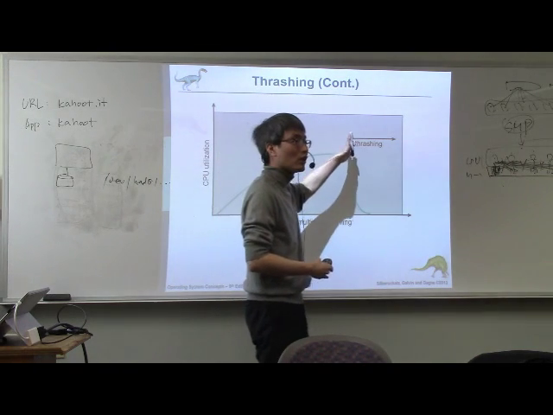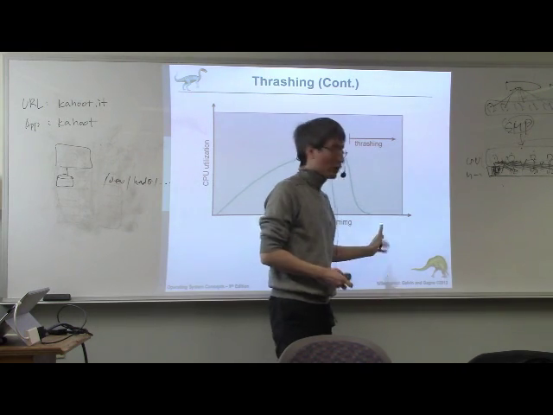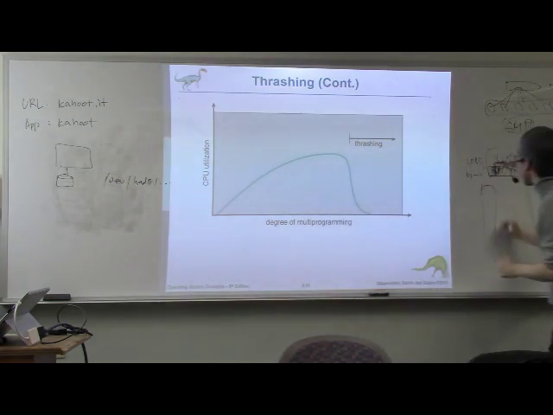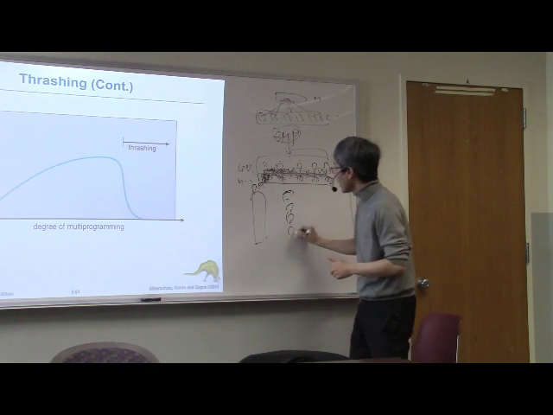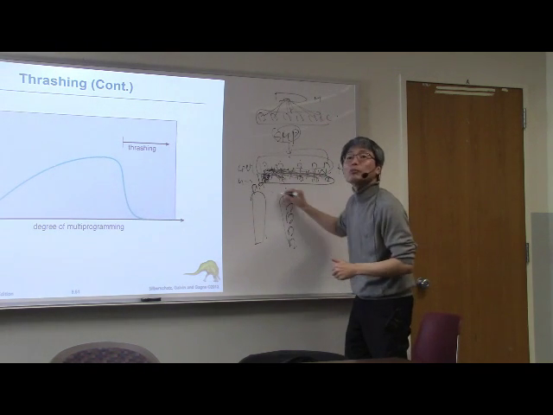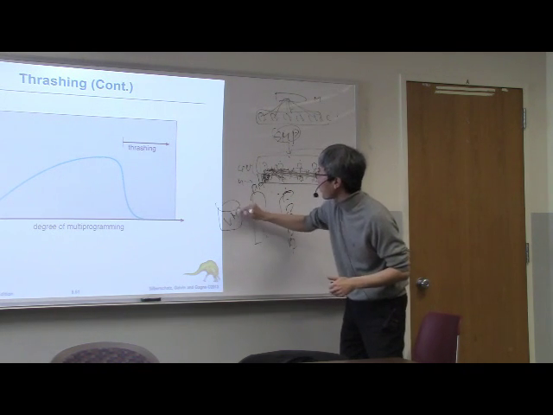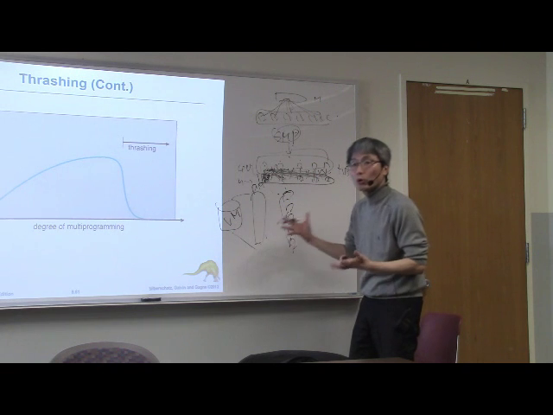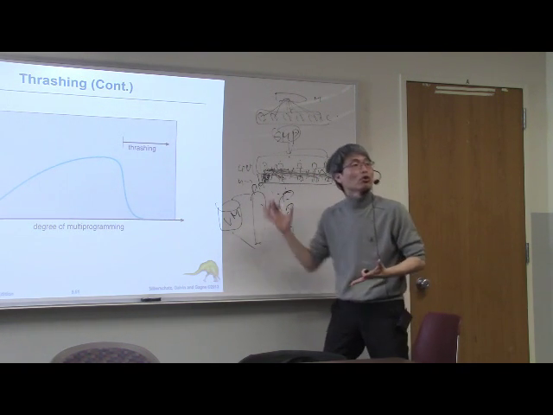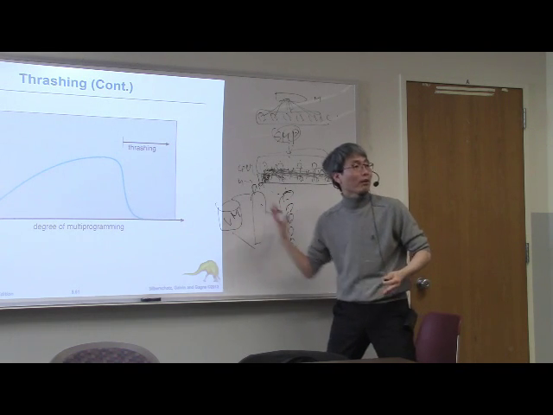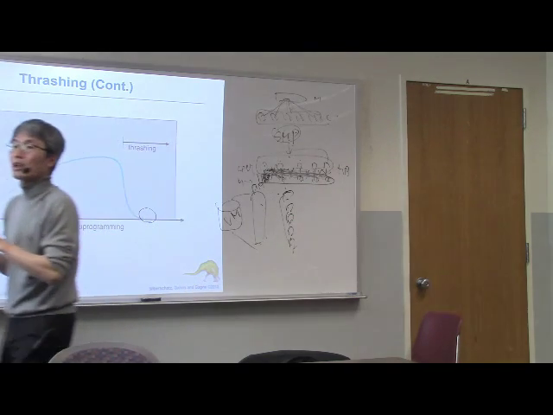At a certain point, CPU utilization drops. Why? We have too many processes. This is the physical memory, and we have too many logical memories, in other words too many processes. Even the virtual memory is full. The solution is replacement, so at a certain time you have a lot of replacement. That time is called thrashing.